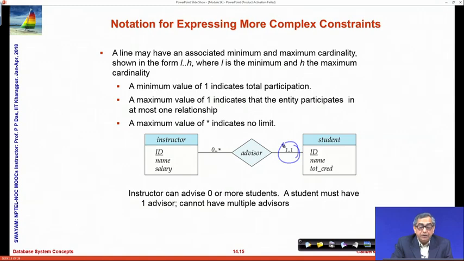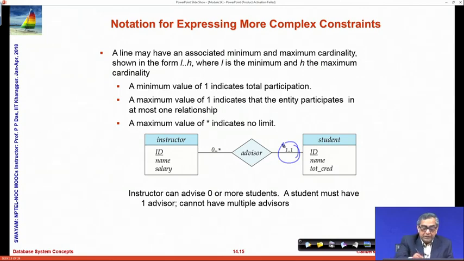It says that for every student, the minimum is 1, so every student must feature in the advisor relationship. In the real world every student must have an advisor, must have an instructor. The maximum is 1, which says that every student can have at most one instructor. So, this 1..1 says that every student must have at least one instructor and at most one instructor. Together it says that every student must have exactly one instructor.